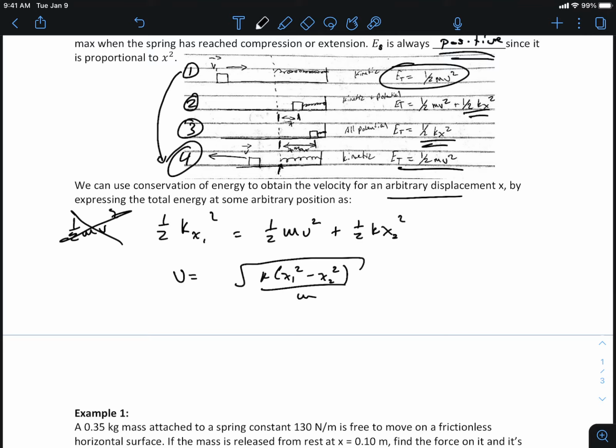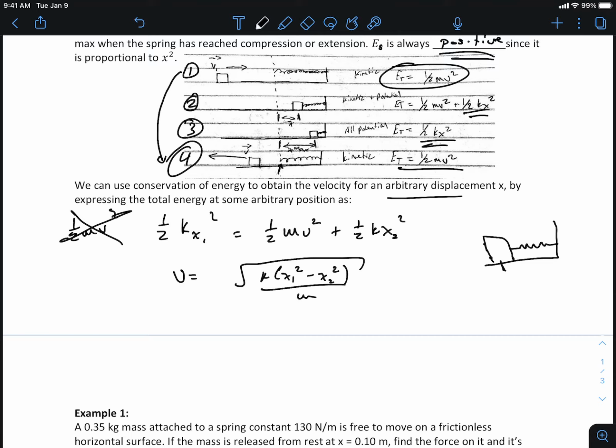And it is that because the spring can be compressed and stretched, there would be two instances where the velocity could have the same value but opposite sign. So let's just say, I'll draw something here. We'll say that this box is right here, and it's compressing the spring.